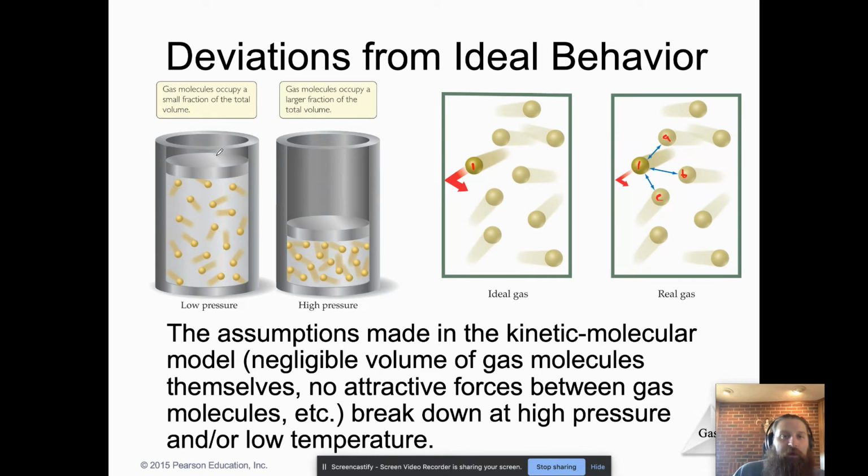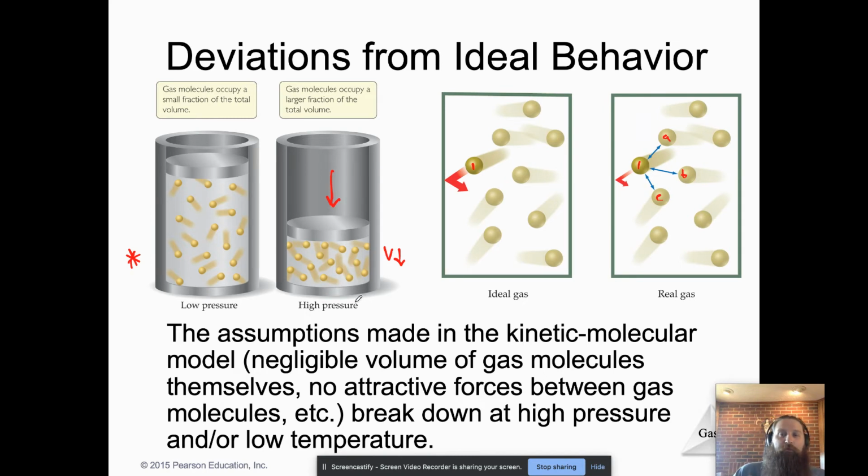The other thing is that in a low pressure system, right over here, now we're looking at this picture on the left, the atoms of the gas really don't occupy a lot of the space. But as pressure increases and the volume decreases, right, the volume's gone down, the amount of space occupied by those atoms, as a percentage, goes up. It changes.